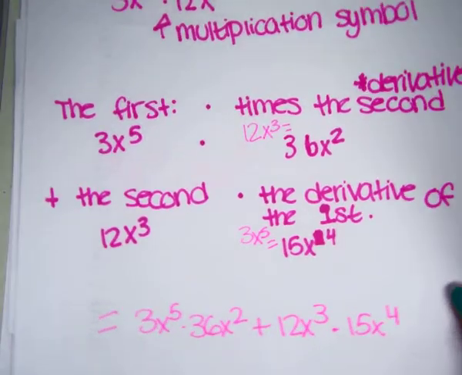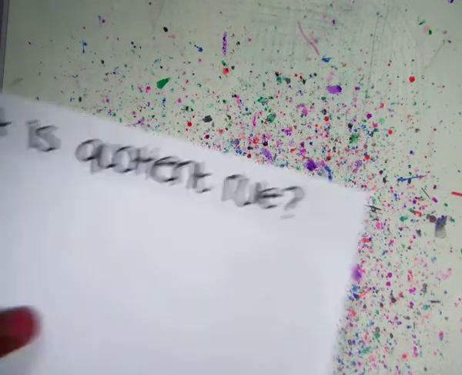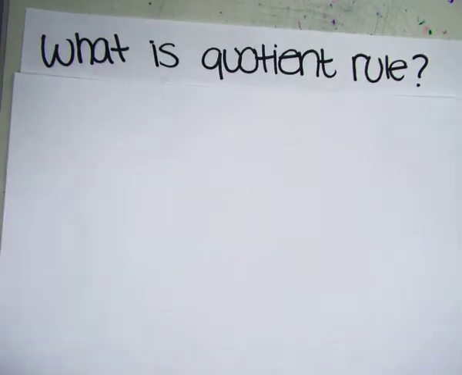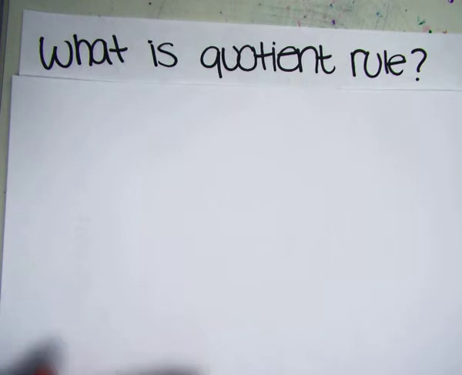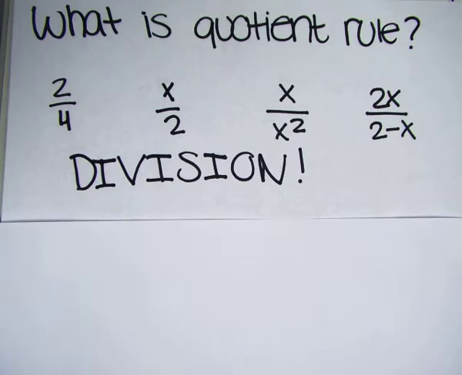Alright. So what happens if I don't have a function with multiplication in it? How about if I say I have a function with, say, division in it? Well, then you'd use the quotient rule. And the quotient rule is just division, dividing any two functions, and anytime you see a division sign, that's what you should use.